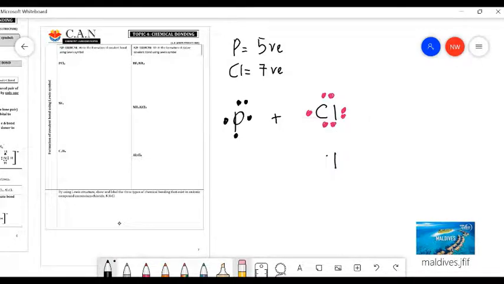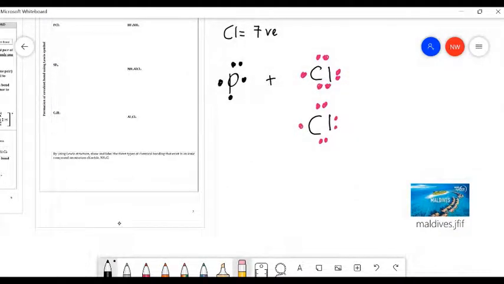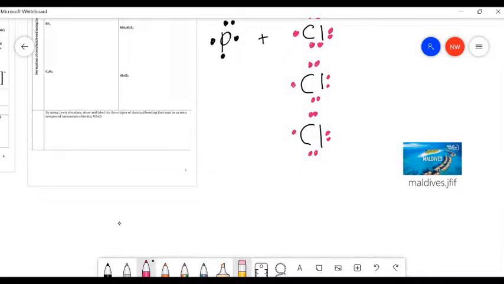Sorry, selalu dia macam ni. Okay. Ya Allah. Kenapa ni tak pernah draw CL ni? Okay. 1, 2, 3, 4, 5, 6, 7. So, draw lagi untuk CL. 1, 2, 3, 4, 5, 6, 7. Draw lagi untuk CL.